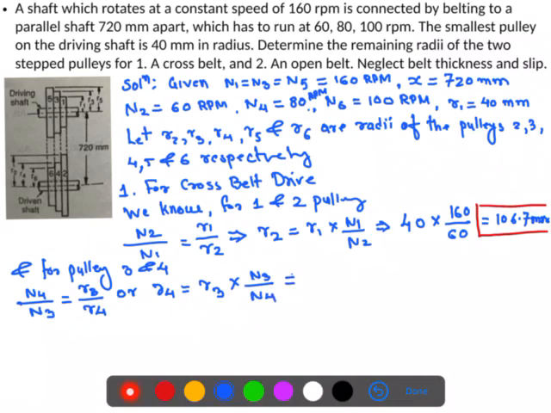This tends to R4 is equal to, R3 is not known, but N3 is known, that is 160, and N4 is given, that is 80, and this tends to R4 is equal to twice R3, right?